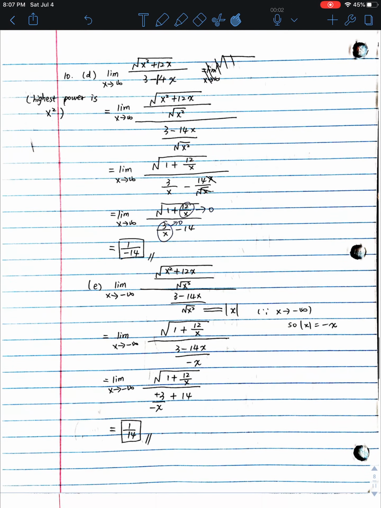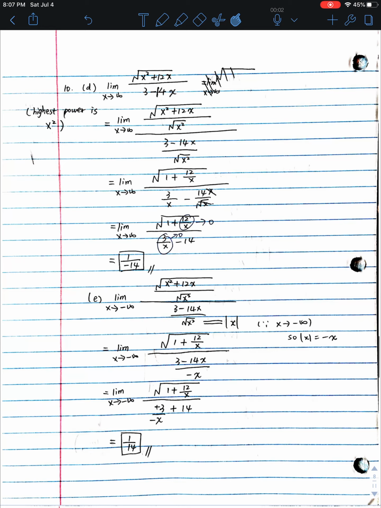And for number 10, A, B, C are easy, but parts D and E are kind of tricky.